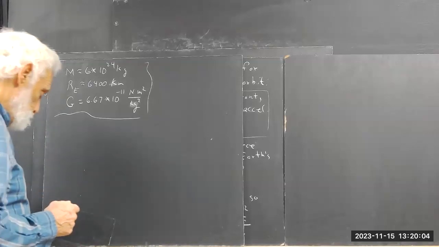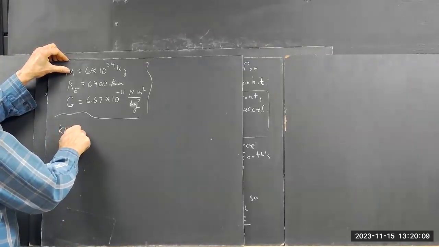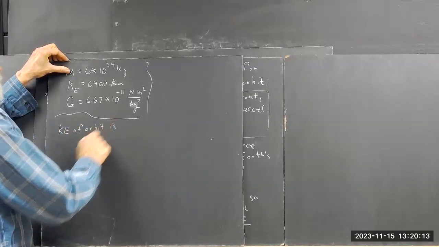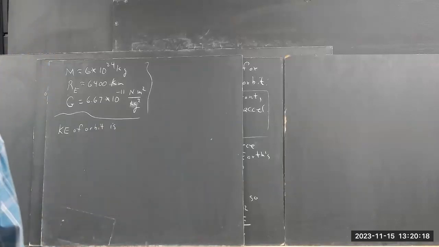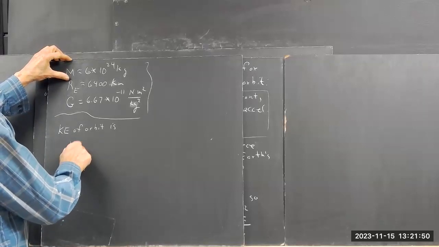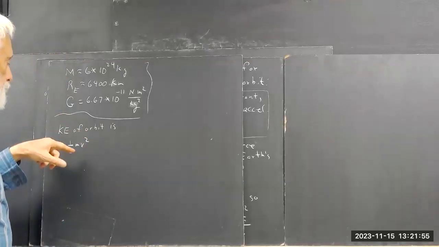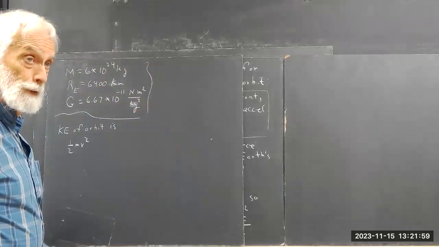Okay, so what's the kinetic energy? Well, kinetic energy is implicitly this kinetic energy from mass m in orbit at whatever distance.